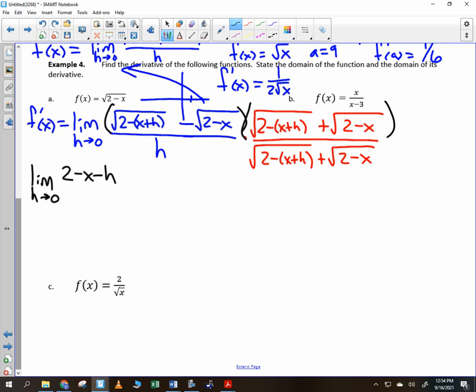Okay, 2 minus x minus h. Good. What's going to happen in the middles? They cancel. And if I multiply these together, minus 2 plus x, because you've got to distribute the negative, right? Good. So minus 2 plus x.